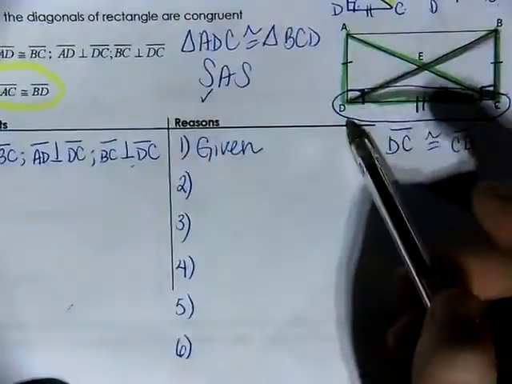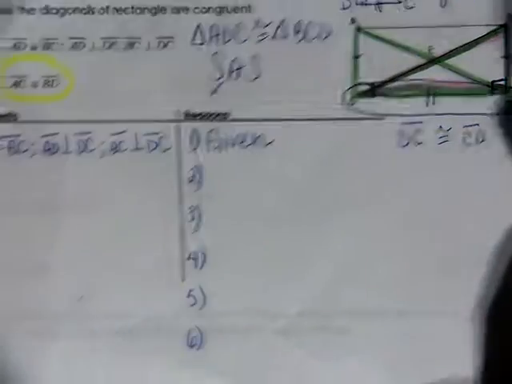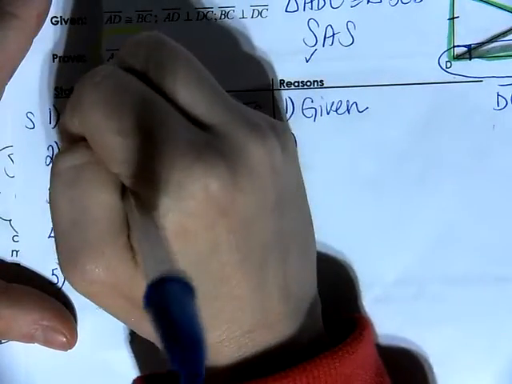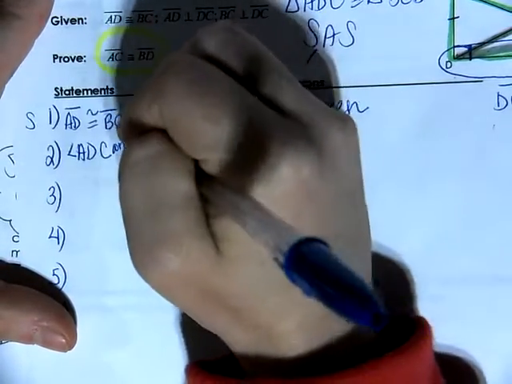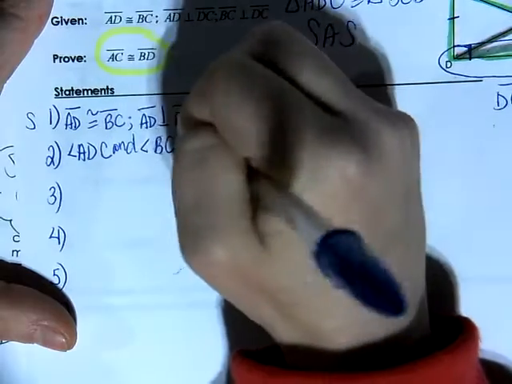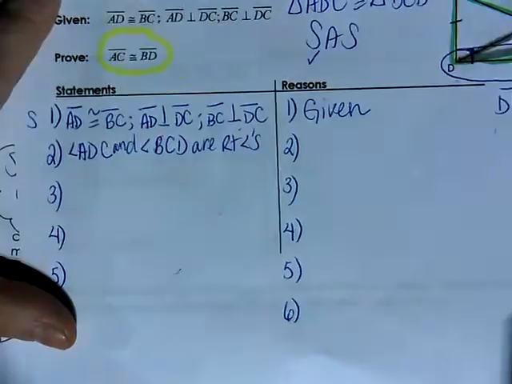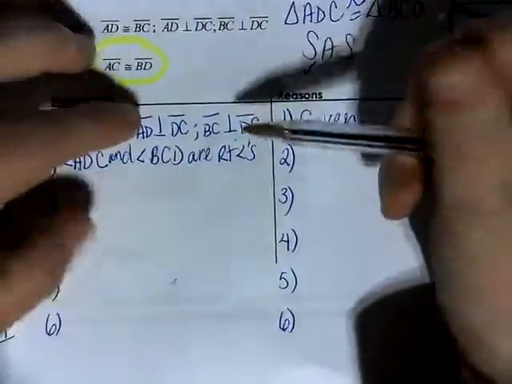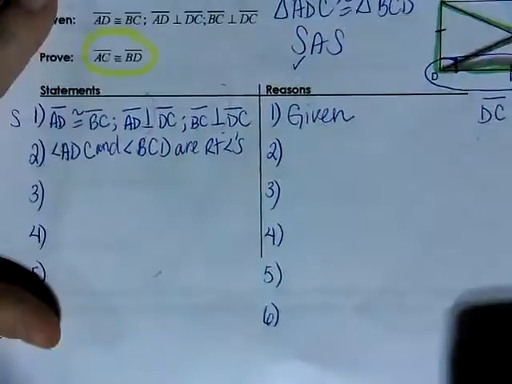That means that angle D has more than one angle, and so does angle C. So I'm going to say that angle ADC and angle BCD are right angles. So you have to say that they're right angles before you can say that they're congruent. And what came before was the perpendicular lines.